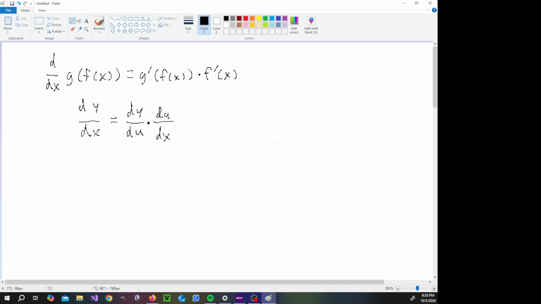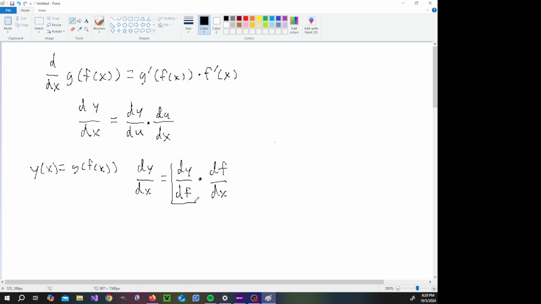Well, how do those match and what do those mean for us? Well, let's say I start out with my outside function y is g of f of x, so y of x. Then dy dx I can say is the derivative of y with respect to the function f times the derivative of the function f with respect to x.